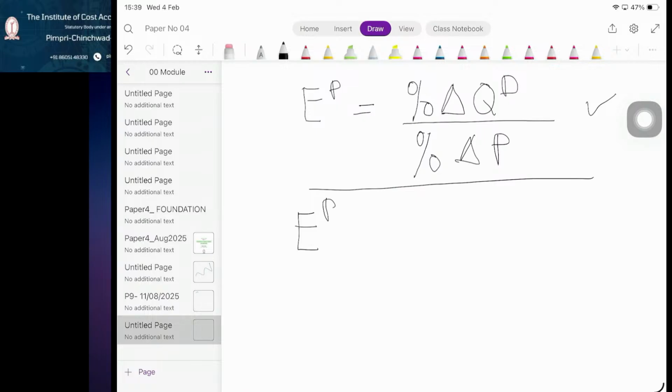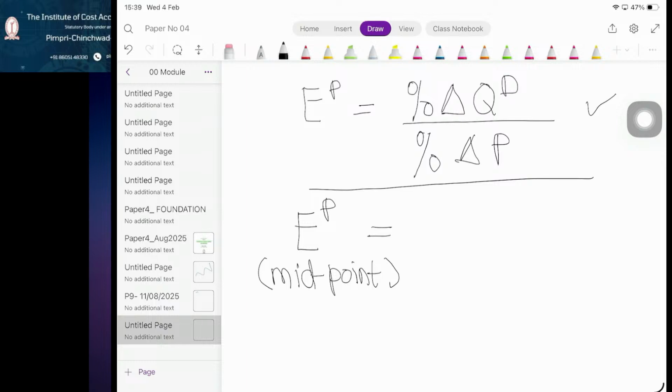Price elasticity formula. Write the midpoint formula without looking back. Try to write the midpoint formula.